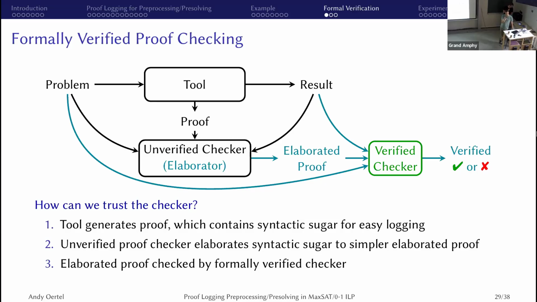But for example, Tobias Paxian and Armin Biere have done work on MaxSAT solvers, and there the MaxSAT solver claims or outputs an optimal solution that it found, but then this doesn't correlate to the optimal solution proven by the proof.